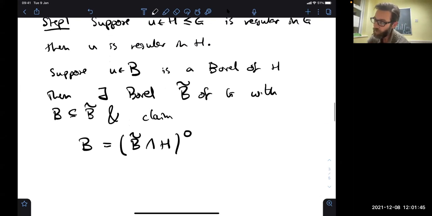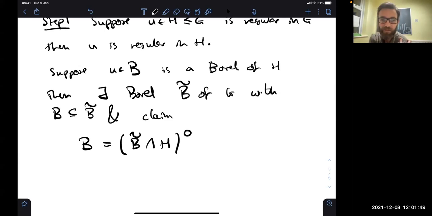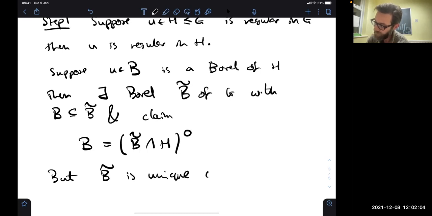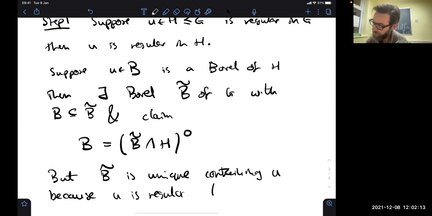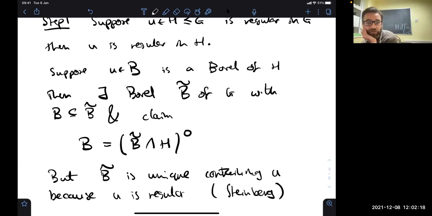Okay, so whichever Borel B tilde of G I choose sitting on top of B, I get this equality, but B tilde, sorry, is unique, containing U, because U is regular. So this is the Steinberg result that I showed you at the beginning.